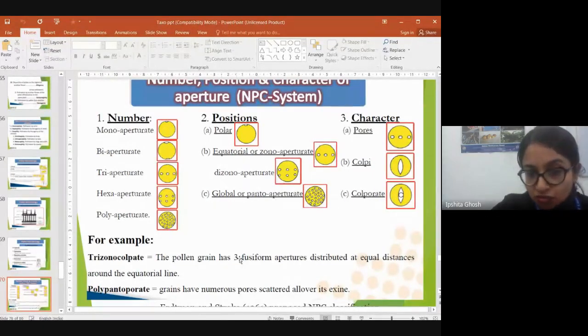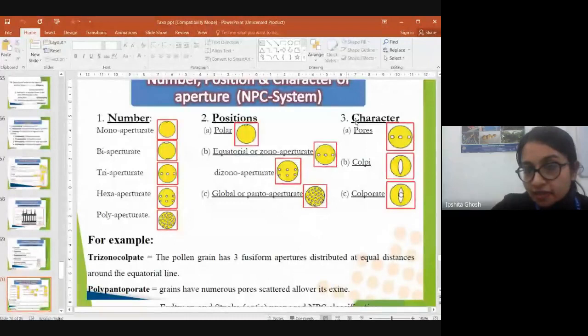Because it has three apertures, it's called tri. Three apertures is called tri. It's present at the equatorial region, so it's called zono, because equatorial has another name, that is zonoaperturate, as written here. So trizono.